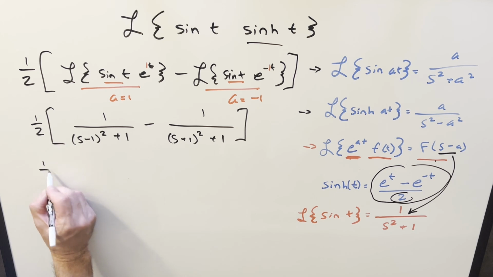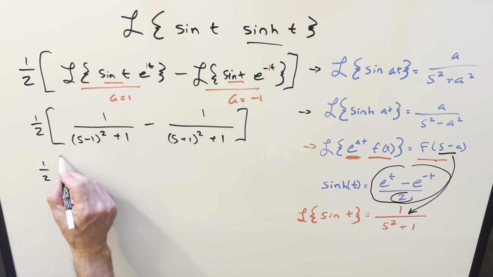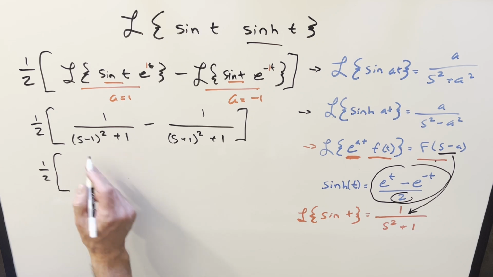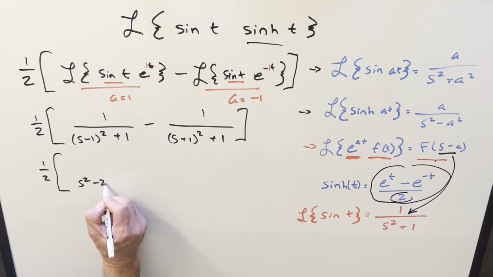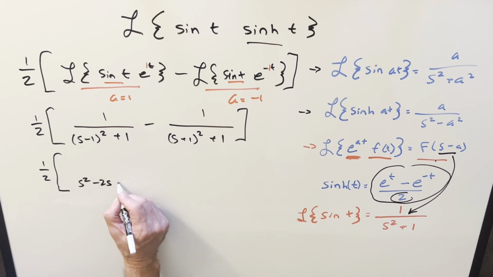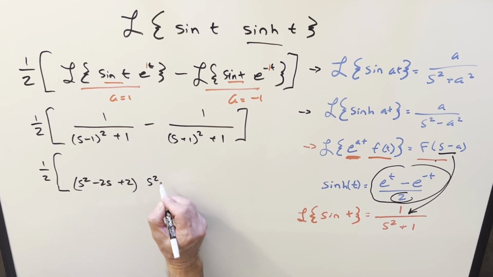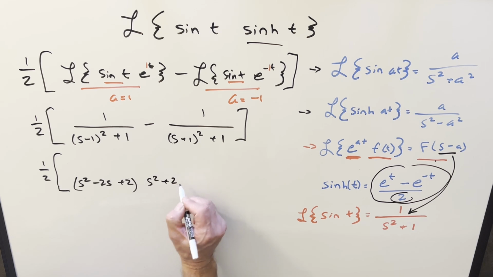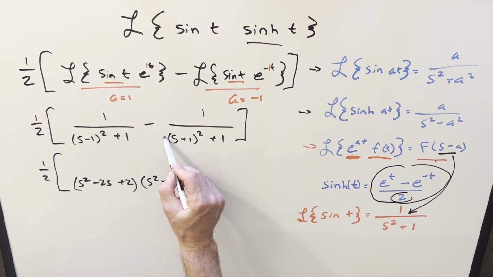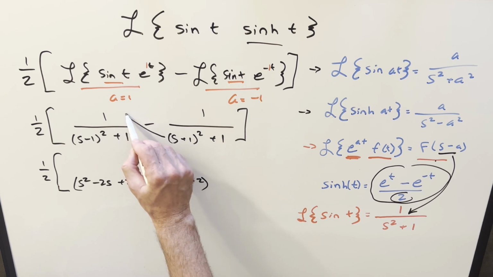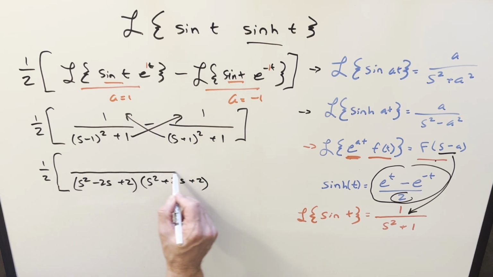Now I just want to see what simplification we can do. I want to get a common denominator, doing it kind of quick. If I multiply this out, we get s squared minus 2s plus 1 plus 1, which is s squared minus 2s plus 2. And for this one, s squared plus 2s plus 2. With the common denominator, we multiply each numerator by the other denominator. I know I'm doing it quick because I think you can see what's happening.